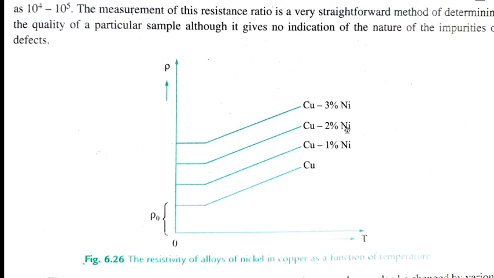And here I am adding the impurity of nickel step by step. As you have seen in the very first graph, resistivity versus percentage of impurity, the graph becomes steeper or linearly increases.